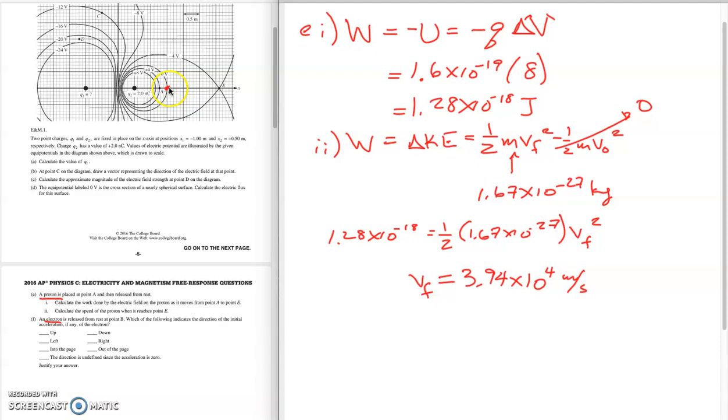It's naturally going to move towards the positive charge, because remember, opposites attract. So if we release it from point B, the initial motion is going to be to the left, and electrons fall towards positive charges. Positive charge here is Q2, and the electron is going to be pulled towards the positive charge.